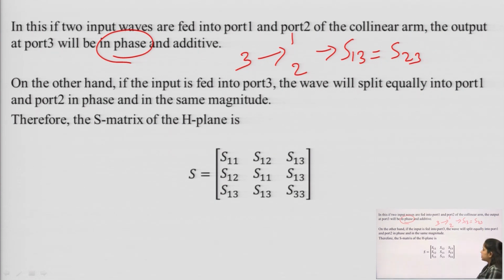So, the only difference which exists in the S parameters of an E plane T and the H plane T is this one.